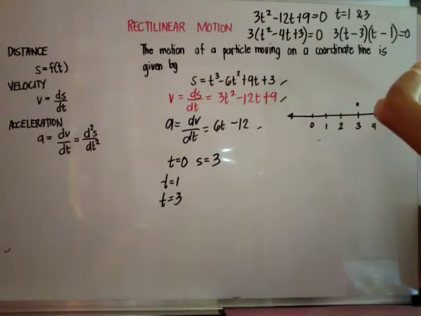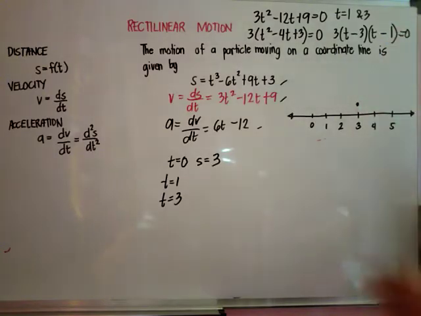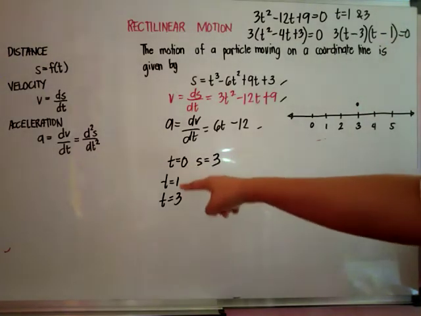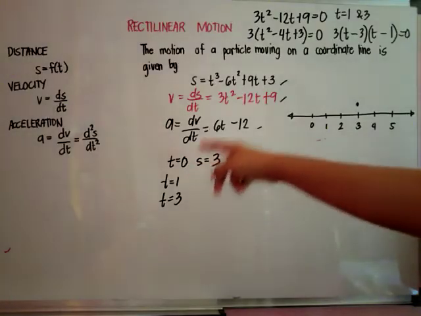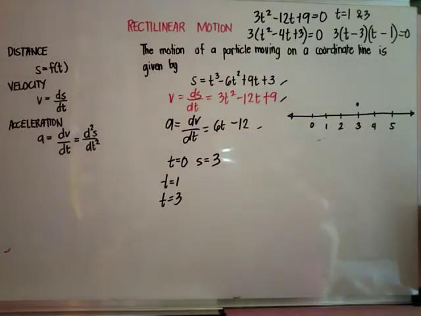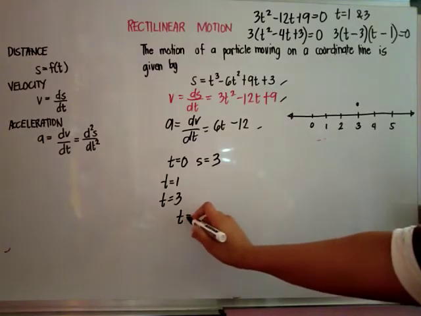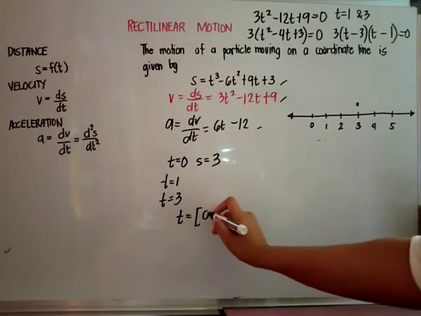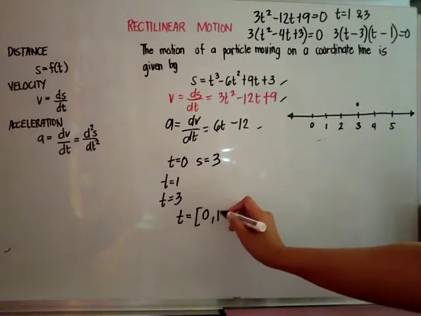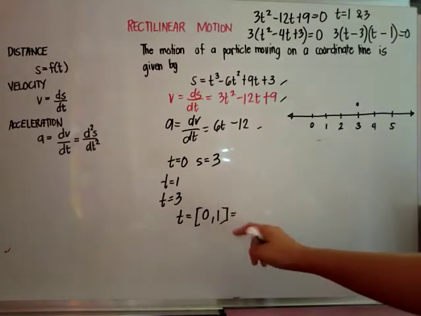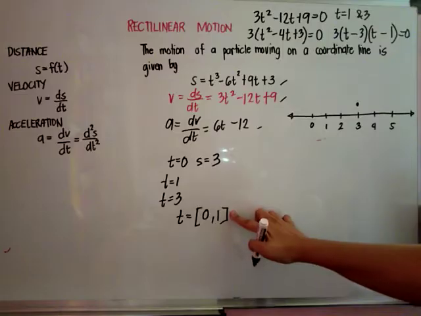So, let us analyze. Kung from 0 to 1 na time, moving to the right ba siya or to the left? So, gagawa tayo ng interval. Yung sa interval ng time na from 0 to 1, ano ba yung velocity niya?